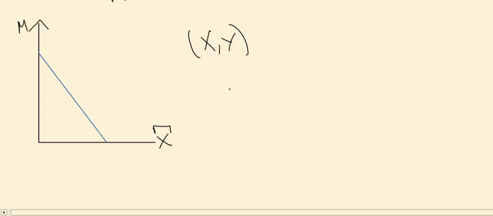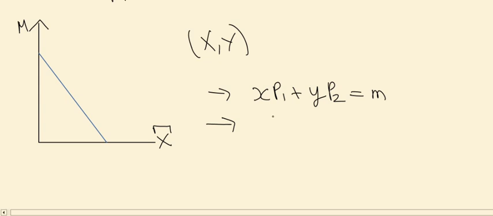For example, you already know the budget line takes the form X into P1 plus Y into P2 equals M. This is the general form of the budget line we have studied so far. But in case of composite good, we have X into P1, that is our good, plus, now the price of the composite good is 1.